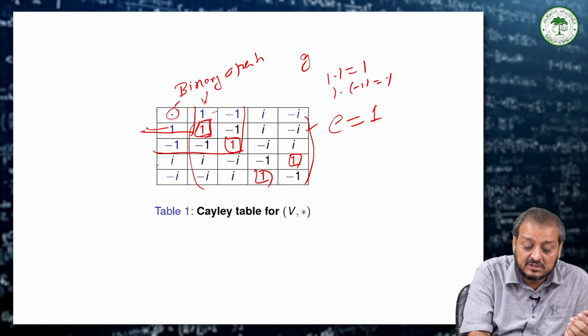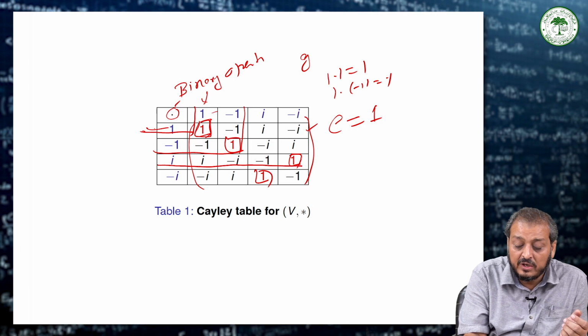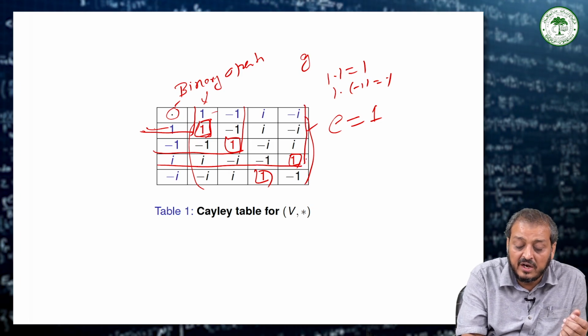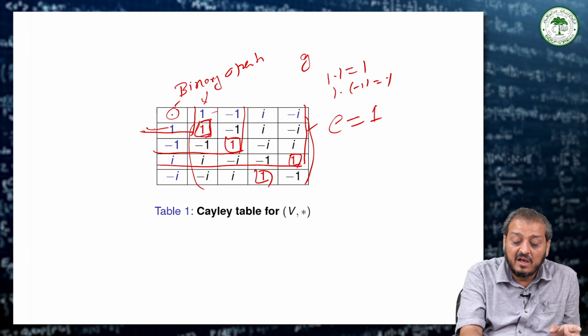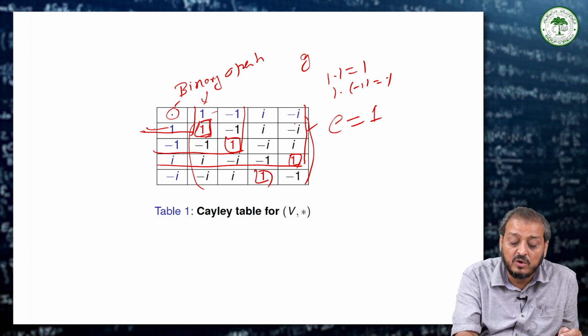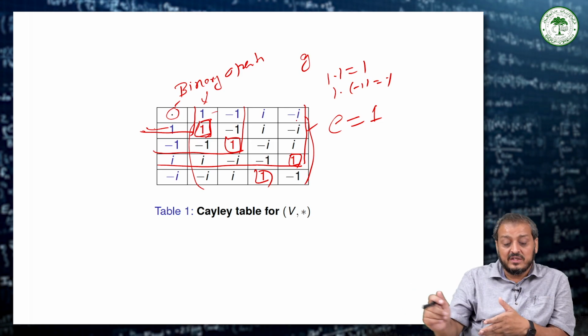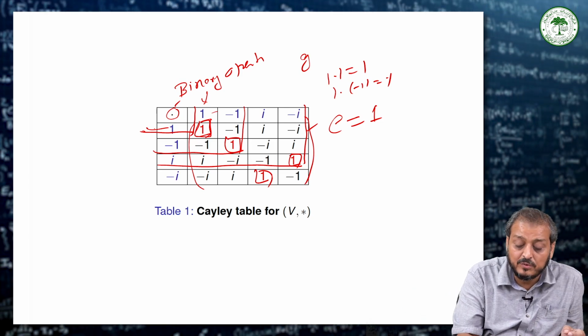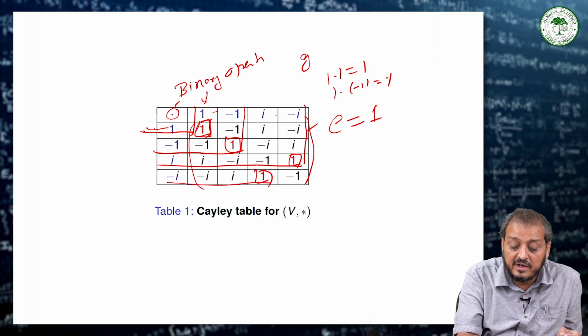Now in the third, we get I and then minus I, and that is equal to the identity element. So I composition minus I is giving the identity element. The inverse of I is minus I, and similarly minus I composition with I is giving the identity element.